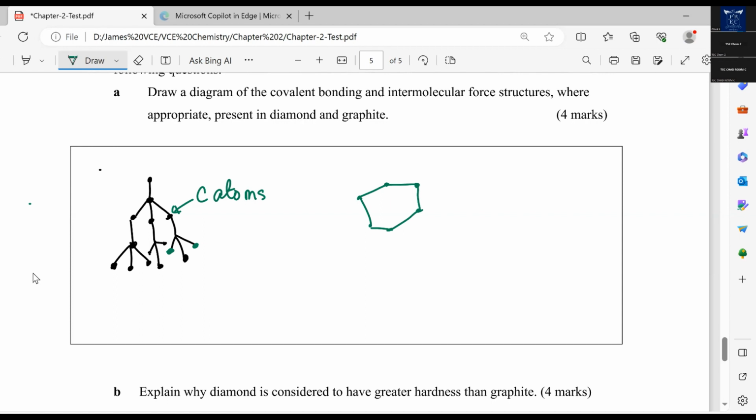For graphite, you are going to have hexagon shapes. I need you to at least draw 3 or 4 hexagon shapes, maybe 4 of them. Each of them will have carbon atoms here. So again, these are carbon.